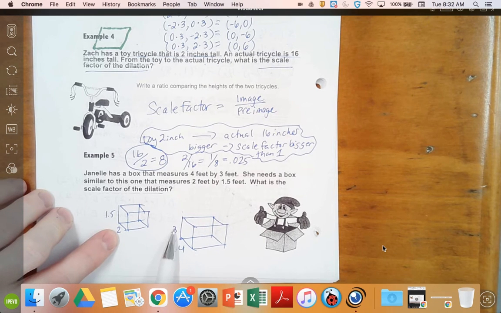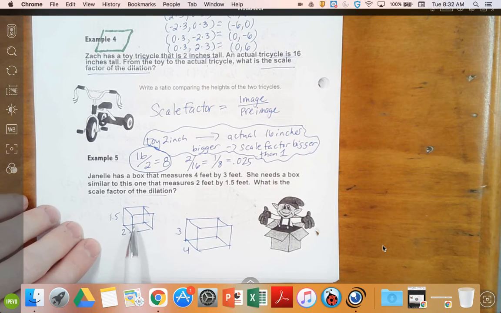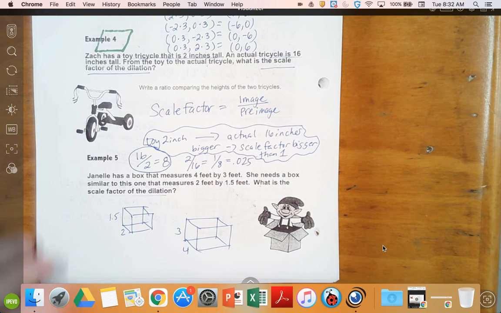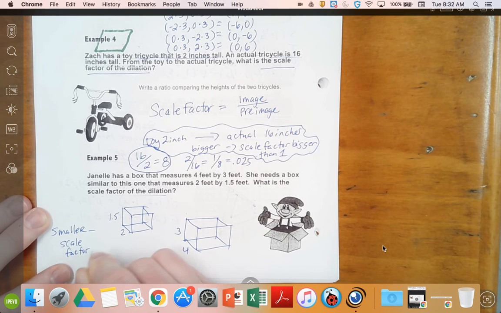So look at those numbers. So I have this box that's a 4 by 3, and I need to get it to a 2 by 1.5. So am I getting bigger or smaller? I'm getting smaller. So the scale factor has to be less than 1.